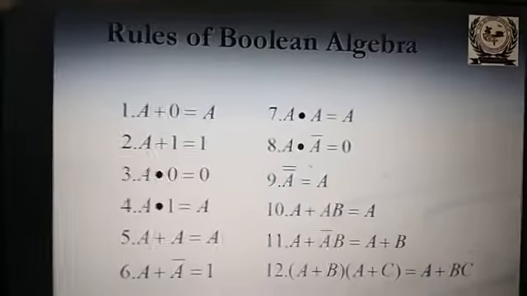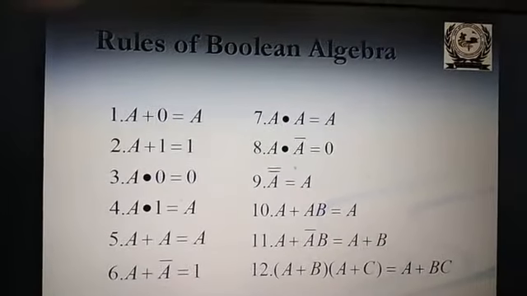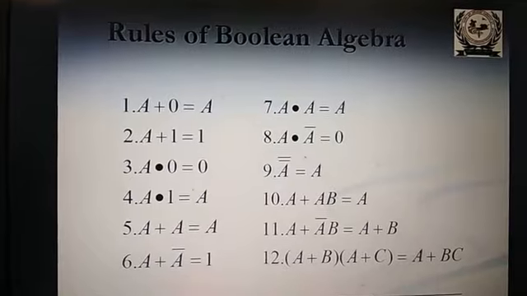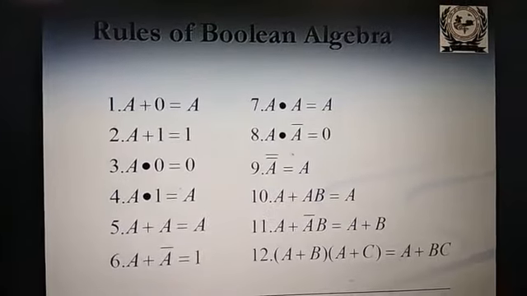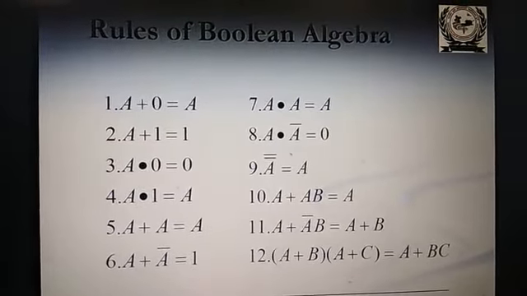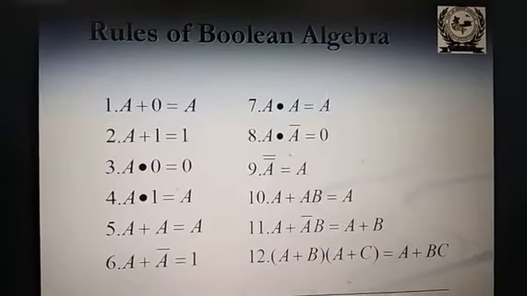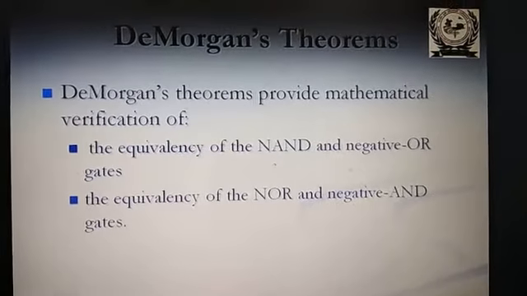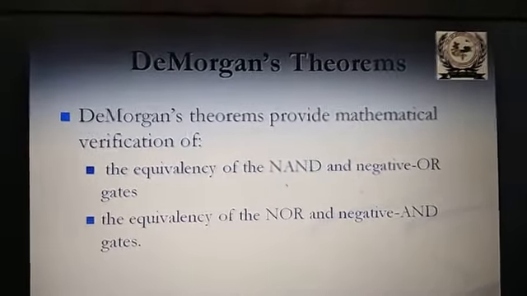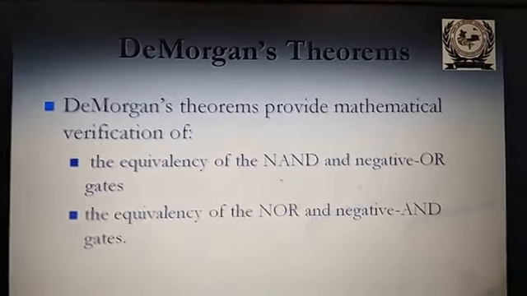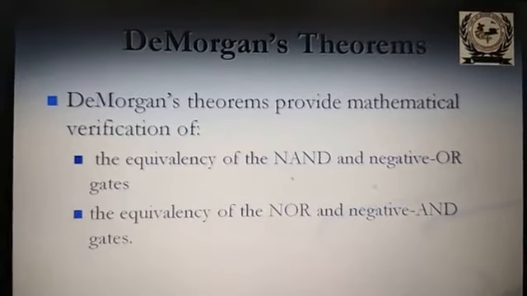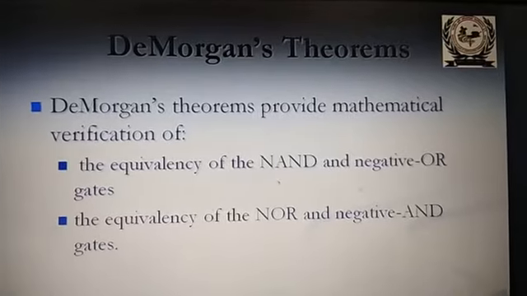So these are the simple rules used in Boolean algebra for solving the different logical expressions. Then, along with this Boolean algebra, we use the De Morgan's theorem.